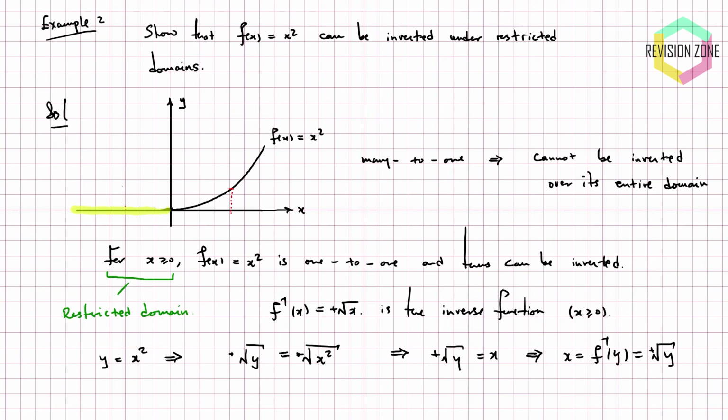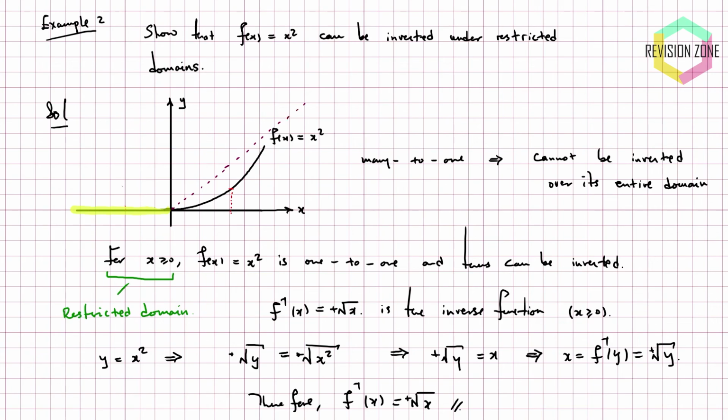But since it doesn't matter what you call the input, we can say therefore f inverse of x is just the square root of x, and of course we're taking a positive square root. This is our inverse function. So we've managed to work out our inverse function. While we're here, it's probably worth doing a quick graph as well. So let's do the line y equals x.